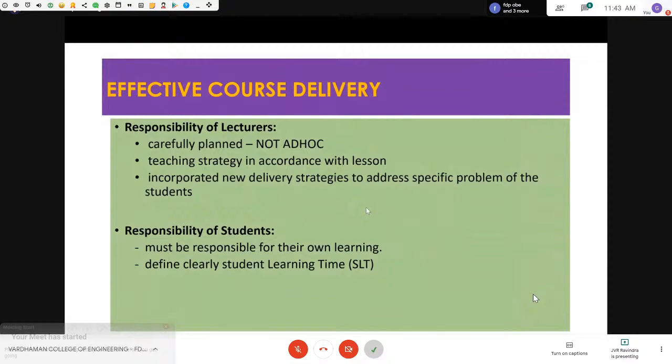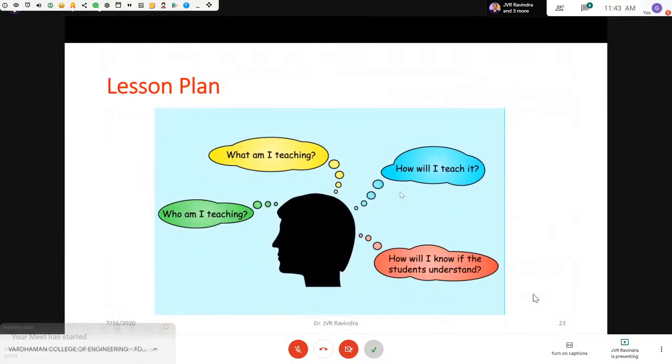This is once again the same thing, effective course delivery. This is what I told you, the lesson plan: what I'm teaching, how I will teach, how I will know if the student understood, and whom I am teaching.